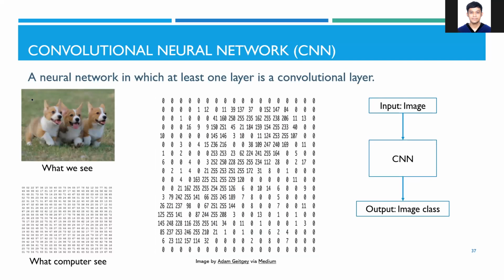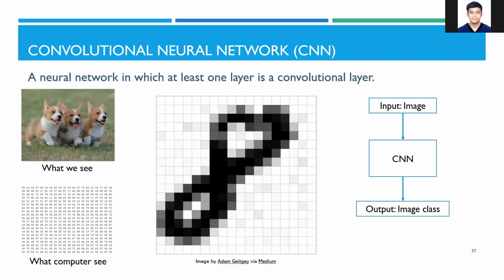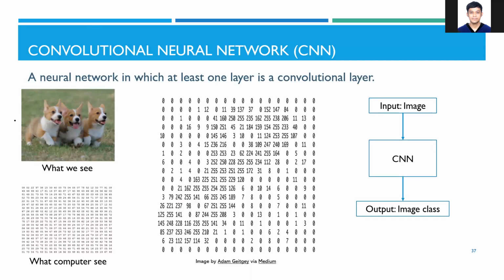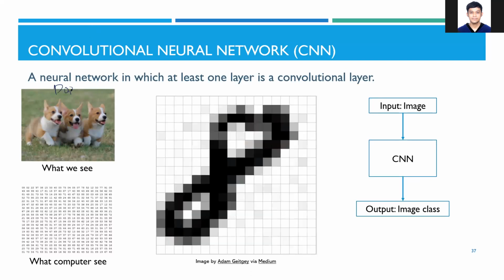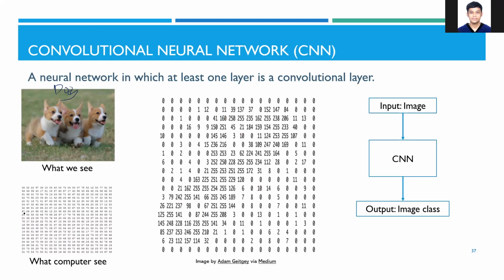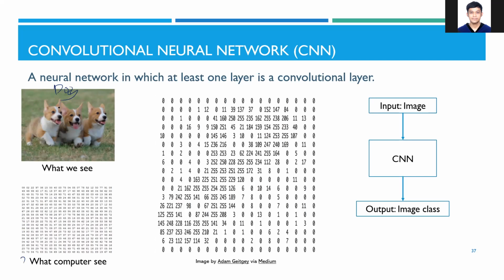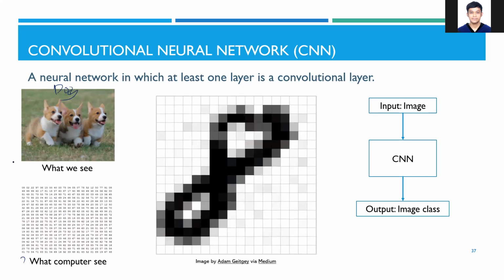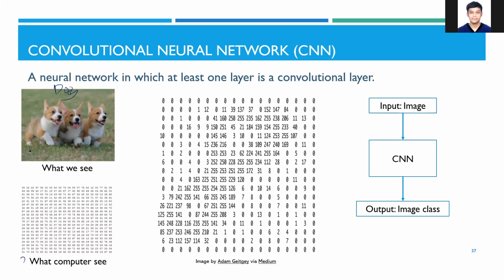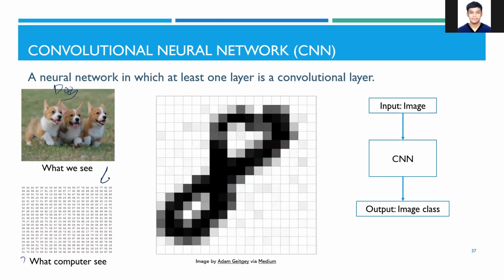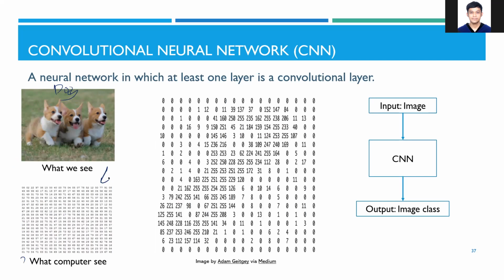For us it's easy because of course our brain is much better than a computer. Okay, this is a dog. This is what we see, but this is what computers see. If we give one picture, the computer reads it as a set of numbers in each pixel.